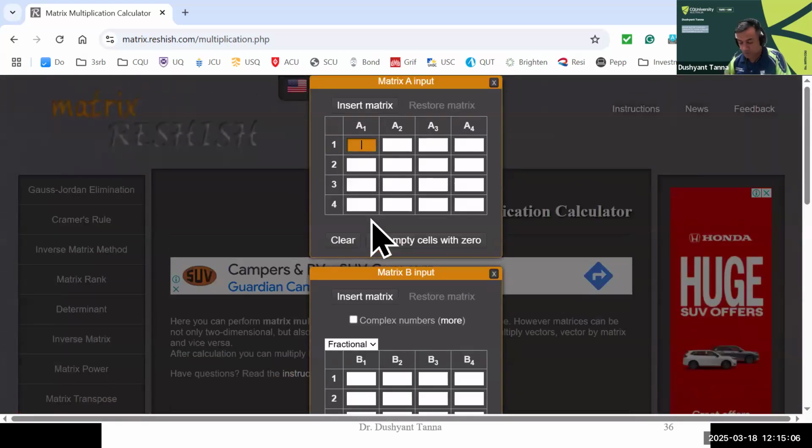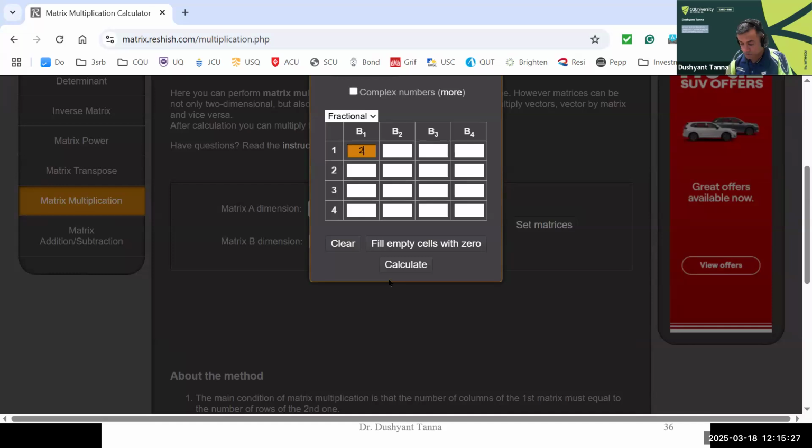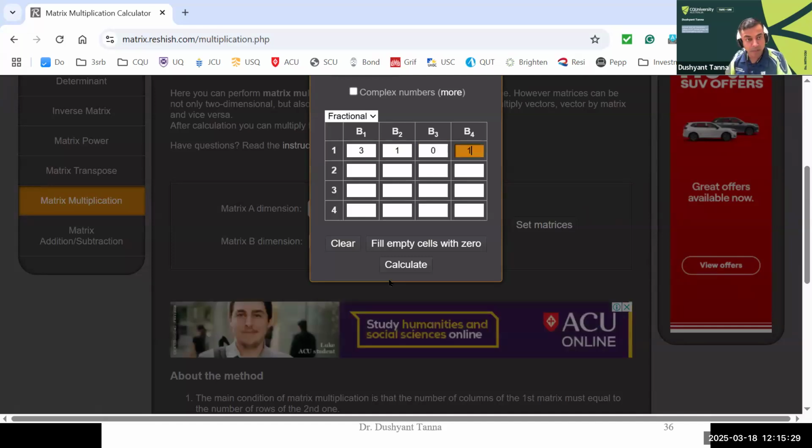First column first. So 1, 2, 3, 4. 2, 0, 2, 0. 3, 1, 0, 0. 4, 0, 0, 1. Okay, matrix B: 3, 1, 0, 1; 2, minus 2, 1, 0; 1, 0, 1, 0; and 0, 0, 3, 1.